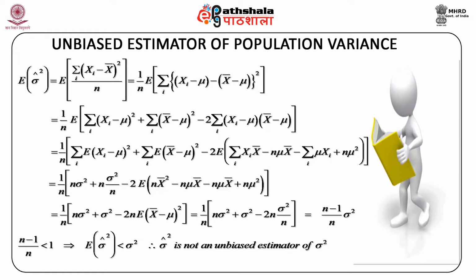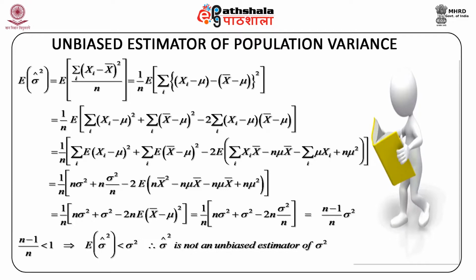Expected value of sigma hat square is equal to the expected value of the sum of (xi minus x bar) square, where i ranges from 1 to small n, divided by n, which is equal to 1 by n into the expected value of the sum of ((xi minus mu) minus (x bar minus mu)) whole square.